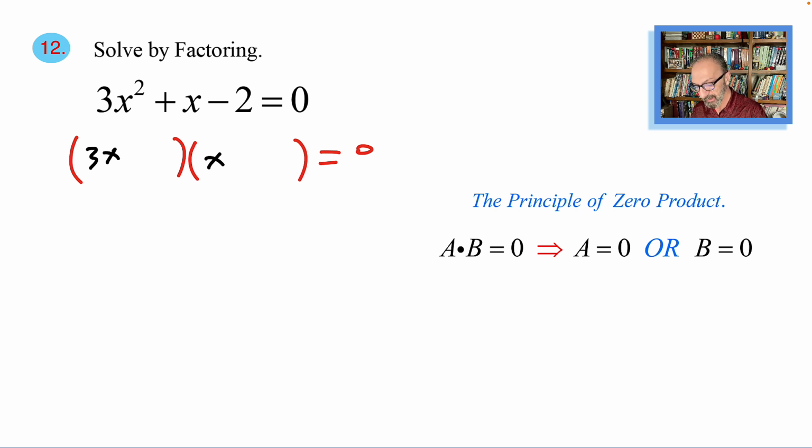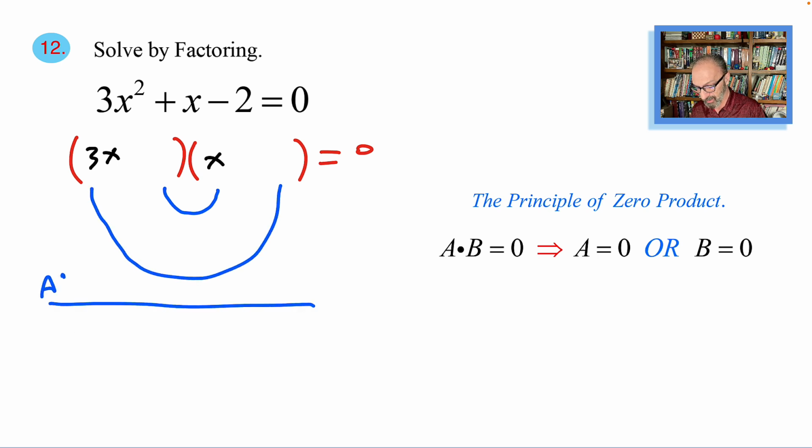I want to keep in mind that the inner part and the outer part will add up to what I want. And what I want is positive 1x. So I'm thinking ahead. That should be 1x.